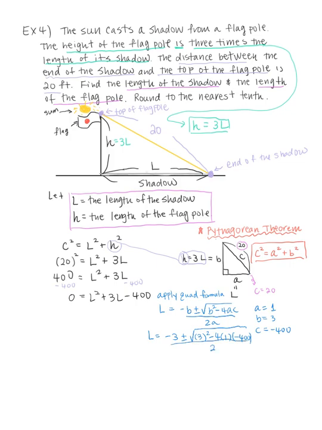So 2 times 1 is just 2. But anyways, let's keep going. This is the same thing as minus 3 plus or minus the square root of 3 squared gives 9, and then the rest of it is just 4 times 400, 1600, whole thing divided by 2. So here this is going to turn into minus 3 plus or minus the square root of 1609, whole thing divided by 2.